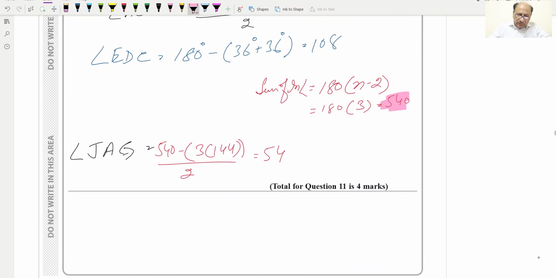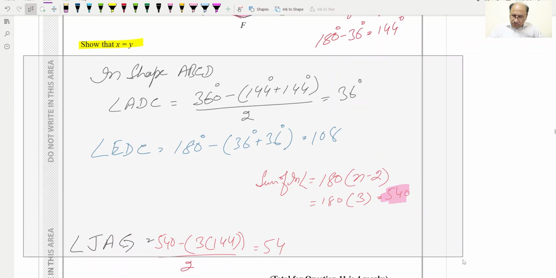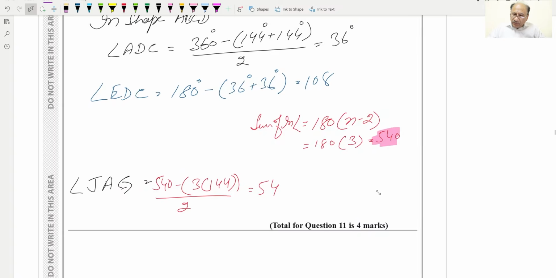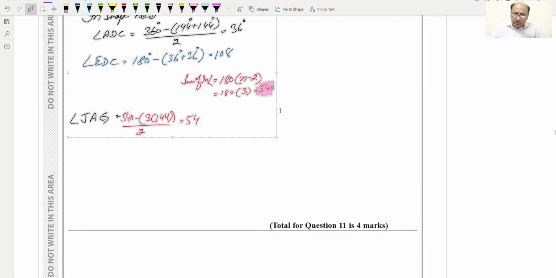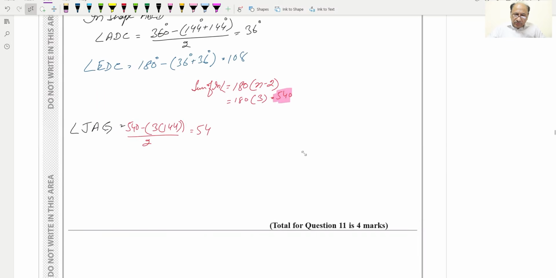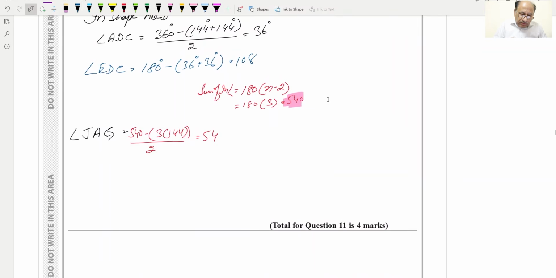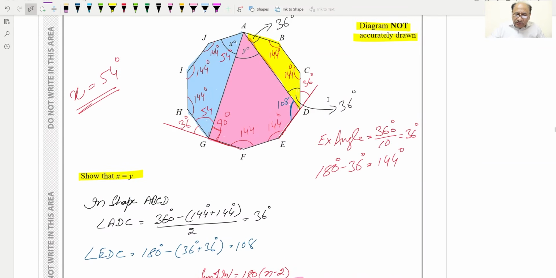I will shrink this a little so that we get some space, at a readable size. Now we can do the rest of the working. We need to find y, so we subtract the rest of the 4 angles.